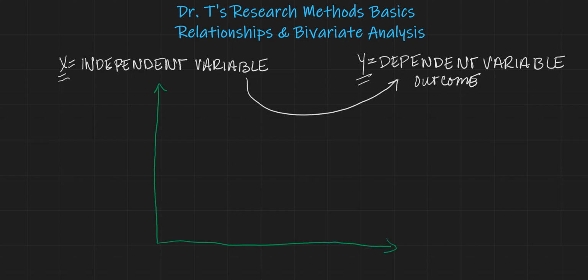Our x-axis is the horizontal axis, and our y variable is on the vertical y-axis. The y variable is always our dependent variable, and the x variable is always our independent variable.